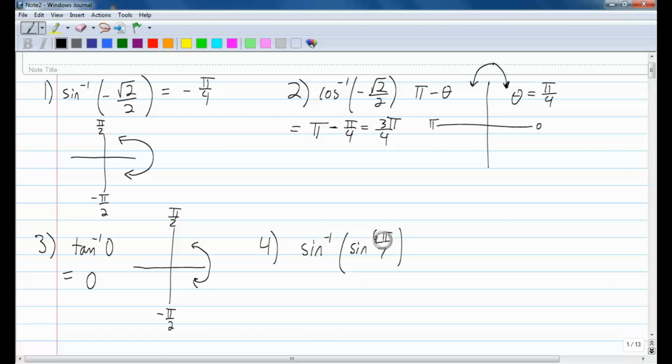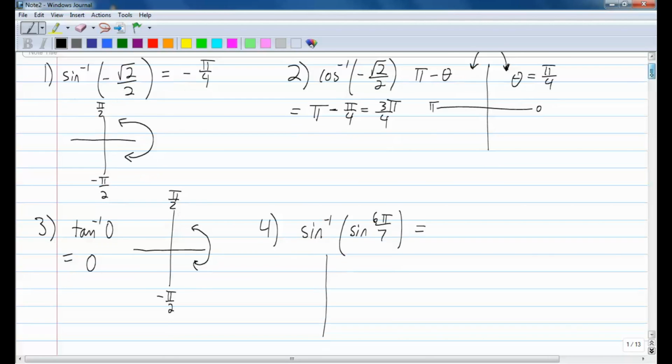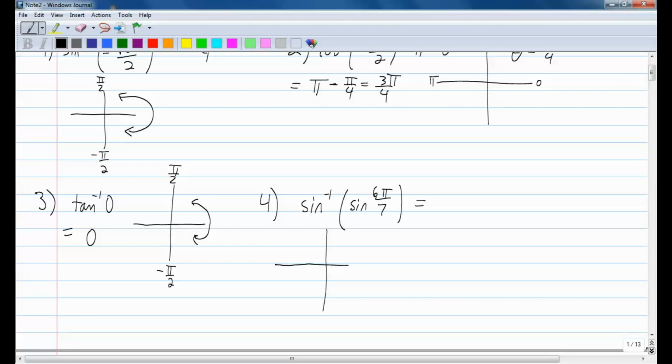If this angle measure is between negative pi over 2 and pi over 2, then the answer is just equal to the angle measure. If it's not in between negative pi over 2 and pi over 2, then we need to figure out the positive or negative sign that it would have and change it over to its multiple in the fourth quadrant or the first quadrant.